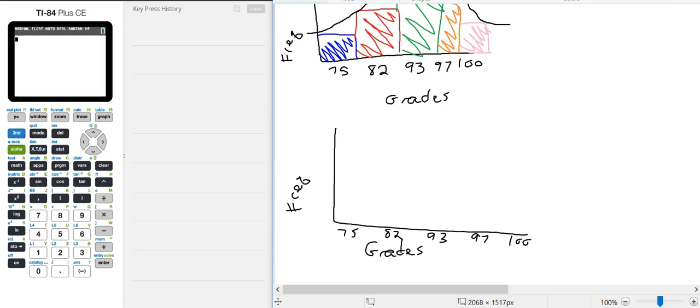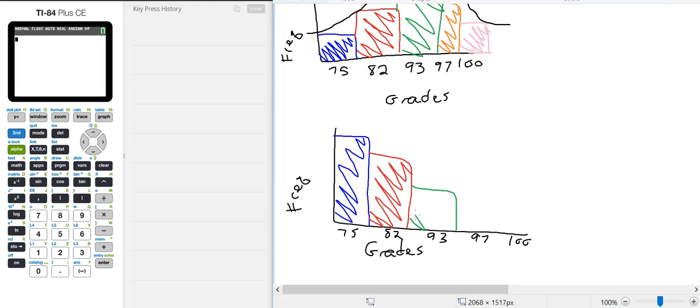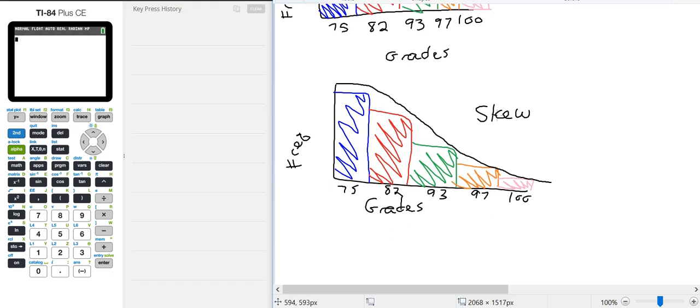And we had a lot of students getting 75s, a lot of students getting 82s, fewer students getting 93s, fewer students getting 97s, and even fewer students getting 100. This graph is not normally distributed because we have a lot of students getting on the lower end and very few students getting on the higher end. This is what we call a skewed graph, and this graph is said to be skewed right because we have fewer values on the right.